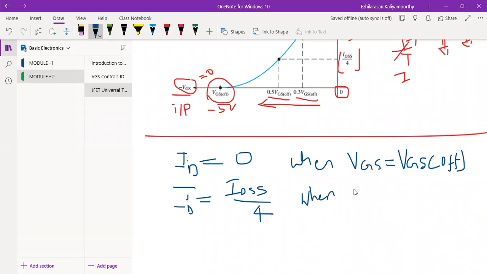Then VGS is equal to 0.5 times, means 1 by 2, VGS off by 2.